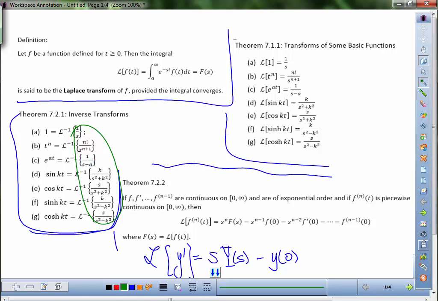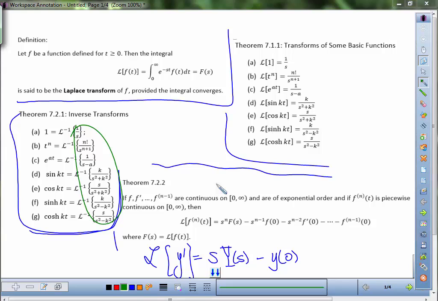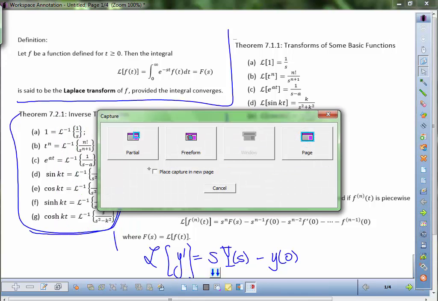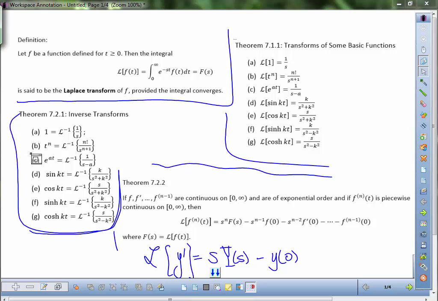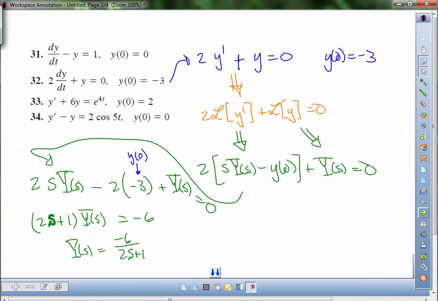Probably the exponential function. So let's take a quick snapshot of that. So this is our key.